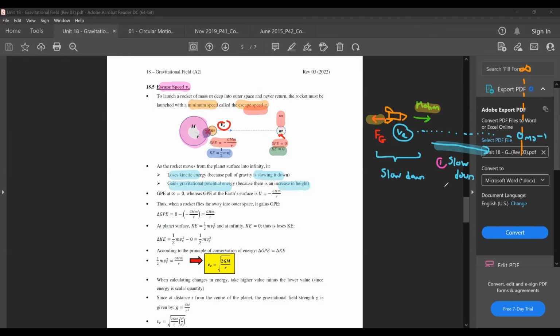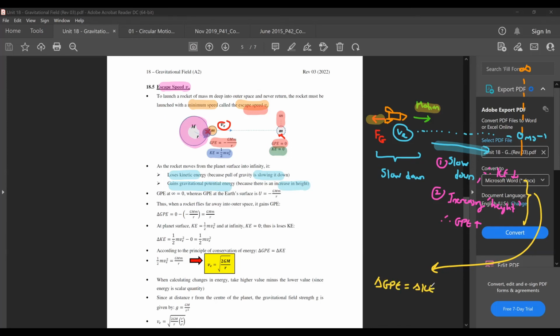This one is you slowing down, therefore KE drops. This one is you increasing height, therefore GPE increases.